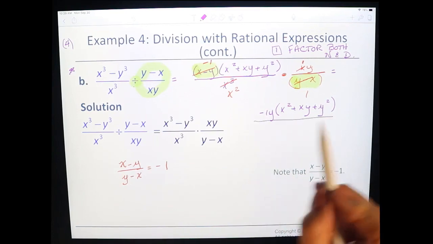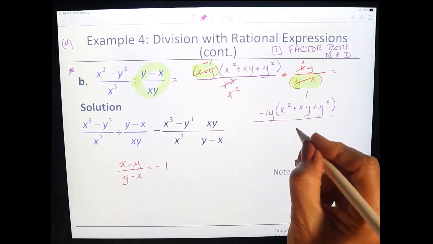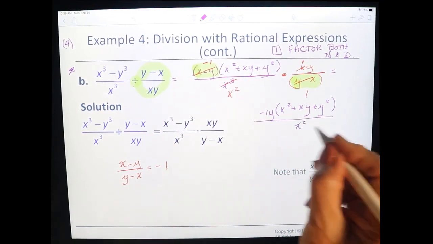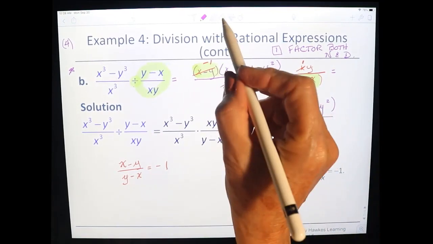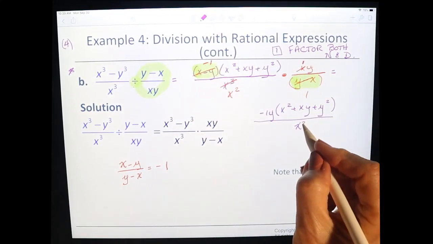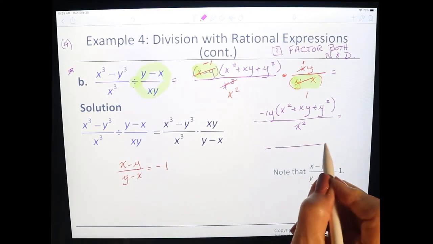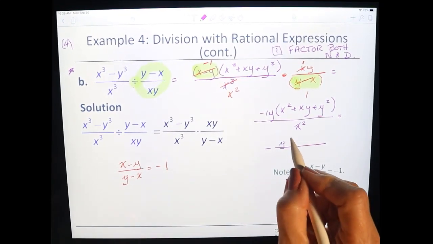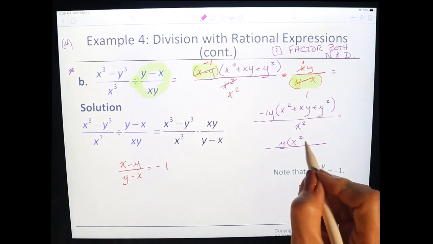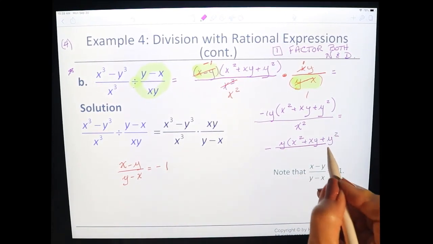And then I'm searching along the bottom, looking for what I have left standing there. I see an x squared. So you can put that negative in the numerator, or sometimes you will see it written out in front of the whole fraction. Both of those forms are correct.